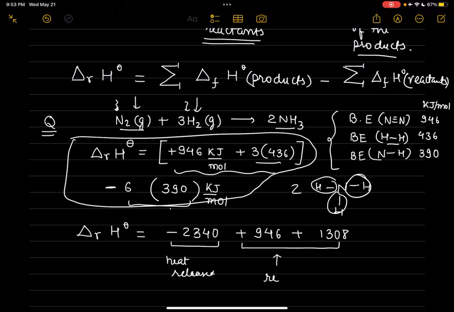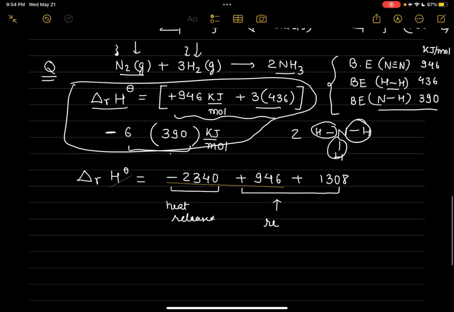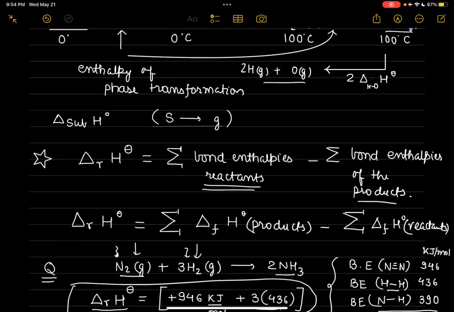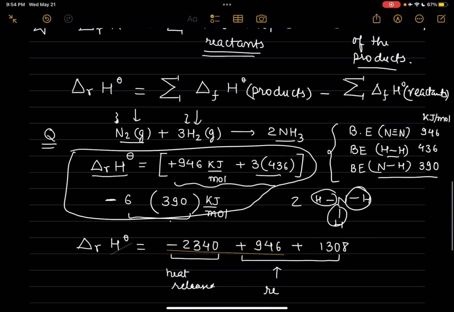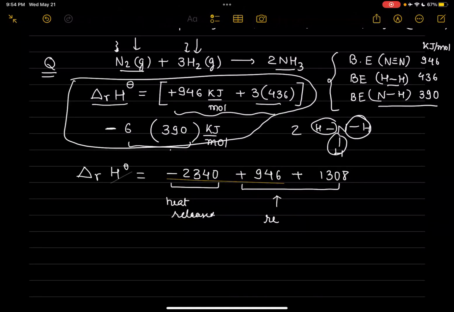Bond energies, write them as they are, positive. If you take all the bond energies as positive, then the heat of reaction is the sum of the bond energies of the reactant minus the sum of the bond energies of the product, where all bond energies are taken as positive. This formula you can use. So how much are we getting? -86 kJ per mole.